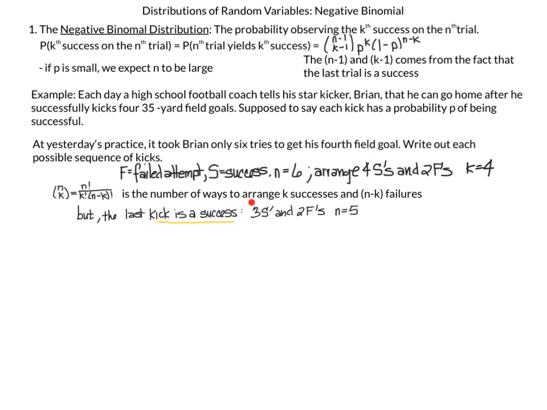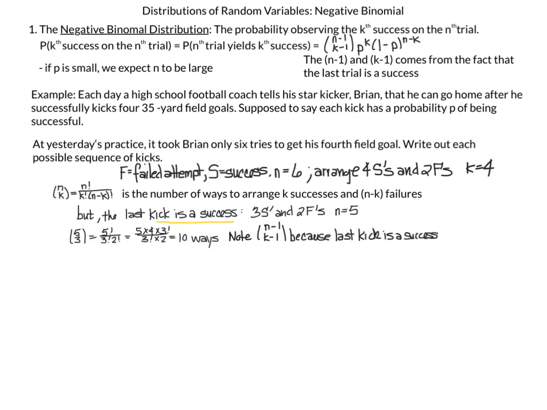So we're going to arrange 3 S's and 2 F's. So we're going to have 3 plus 2, that's 5, with the 3 S's. Again, 5 choose 3 is the number of ways to arrange 3 successes and 2 failures. So we work this out and we get 10 ways.